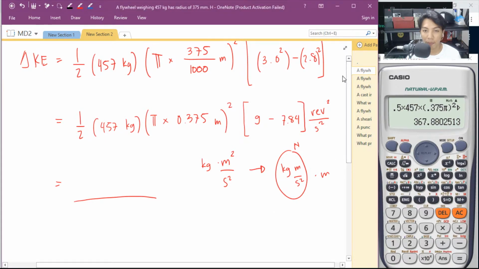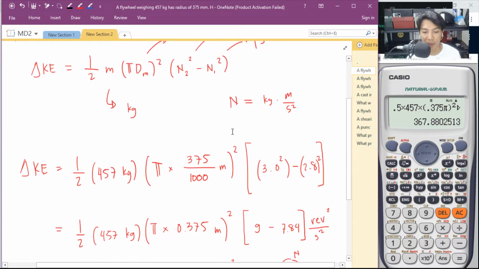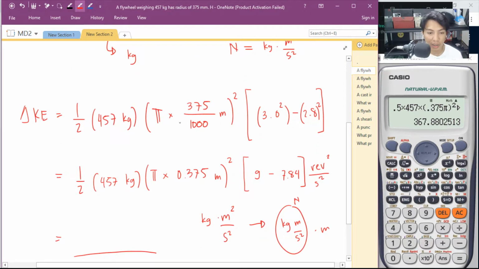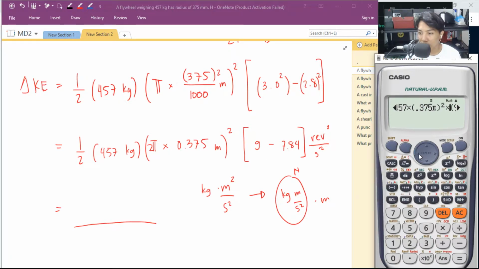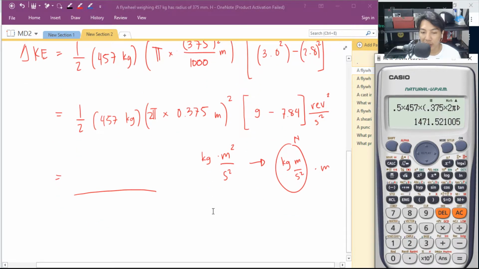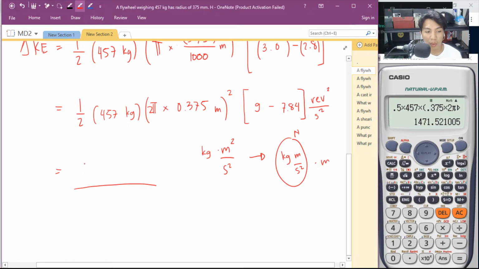May nakulang. Ay, radius pala to. So, kulang pa tayo ng 2. Radius di ba? Tandaan nyo, ang radius, 2r is equal to d. Kulang pa tayo ng 2 pi. Times 2 pi. Ayan. Pwede na. That is 1471.52 Newton meters. Okay. We have now the answer.